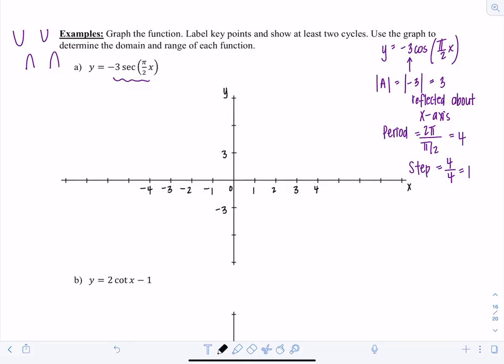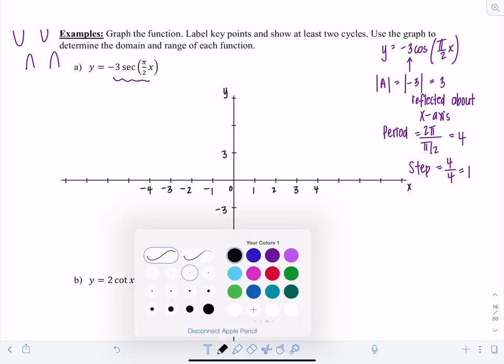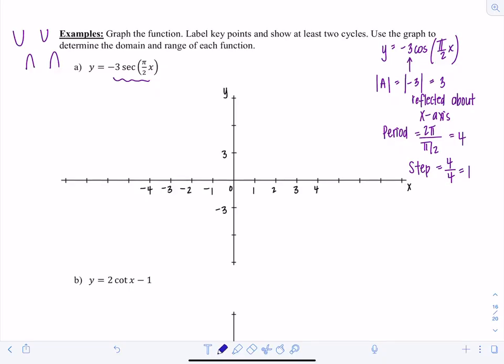Okay? Good. Now I'm going to graph cosine. Remember, cosine typically at 0 starts up at the top at its max value, but in this case, since we have a reflection, it's going to start down here at -3. Then it's going to go to 0, back up to 3, back to 0, down to -3, and then I'm going to keep going on the other side.